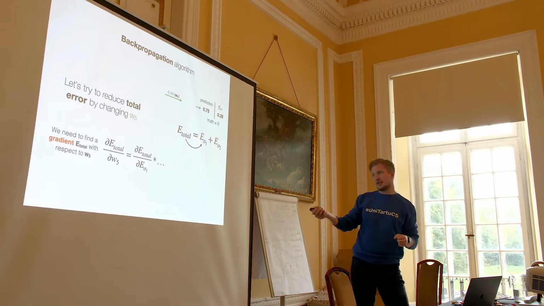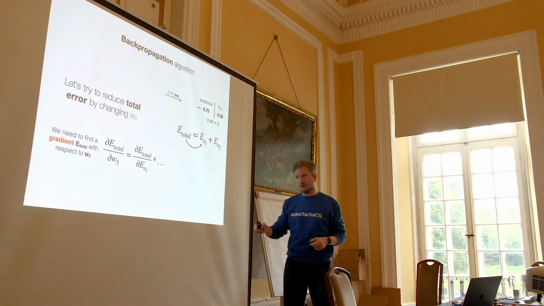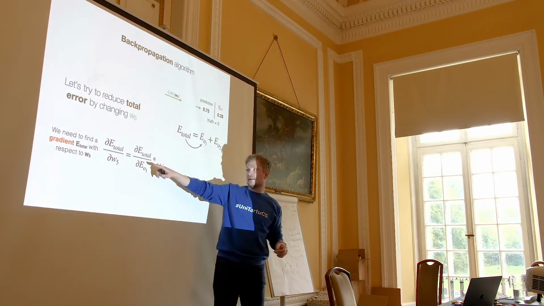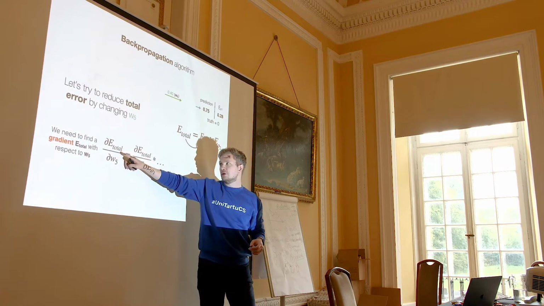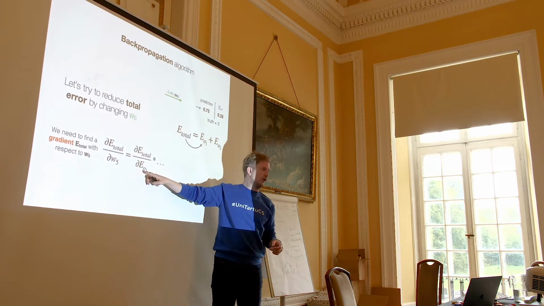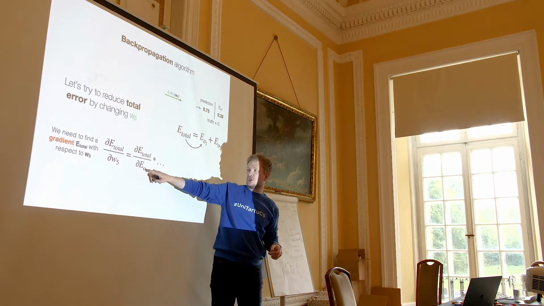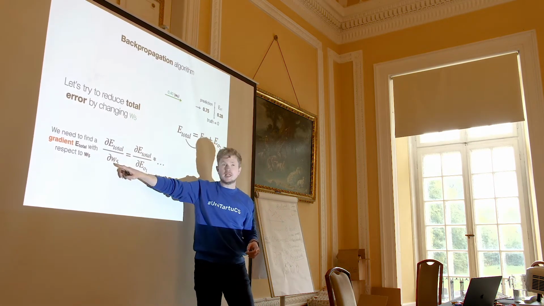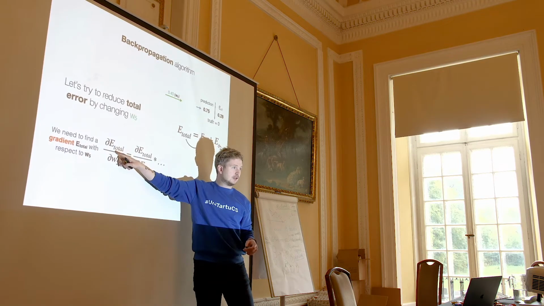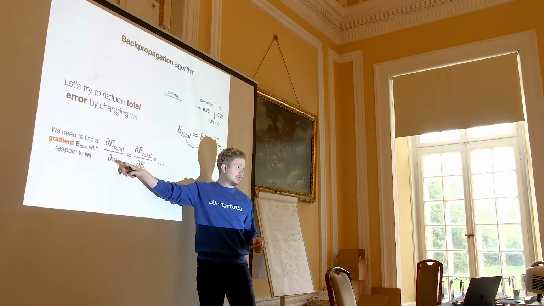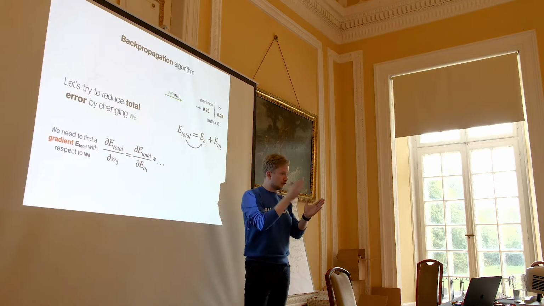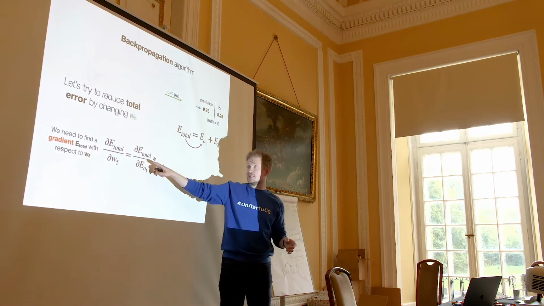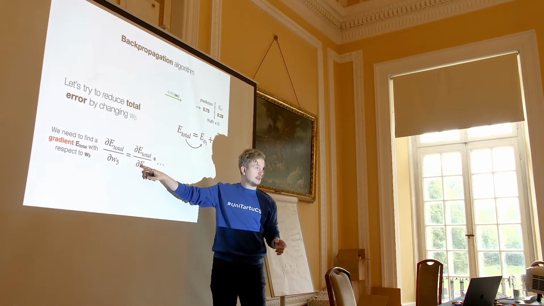So the first stop in our chain rule is to understand how E total depends on EO1, so how much this influences this. The end goal is to understand how W5 influences E total. But in order to understand that, we need to break the complex function, which is E total, into smaller chunks. And this is exactly what we do here. All right.